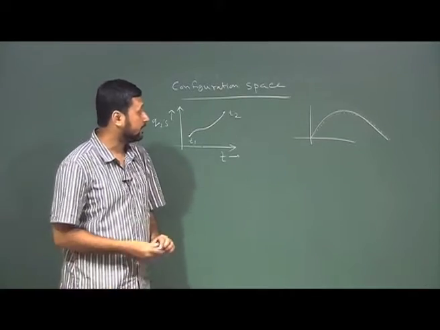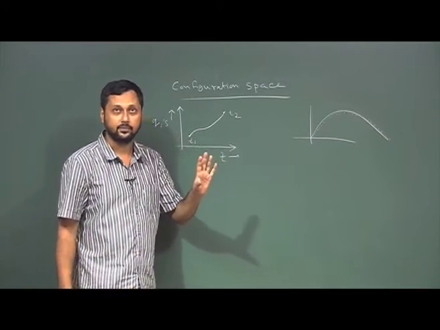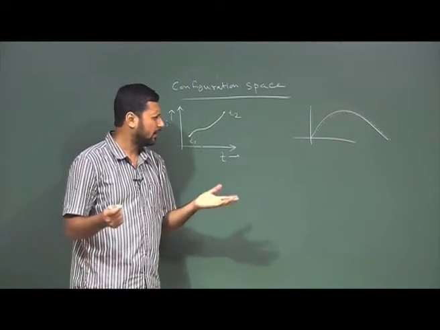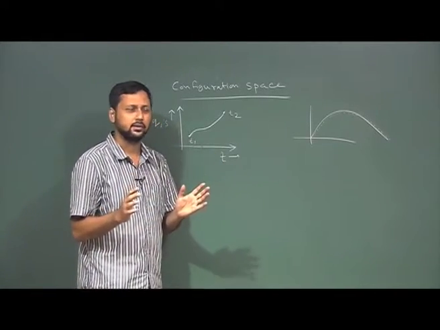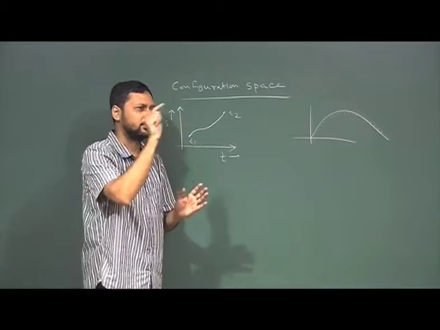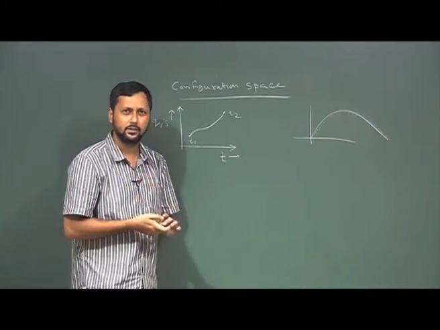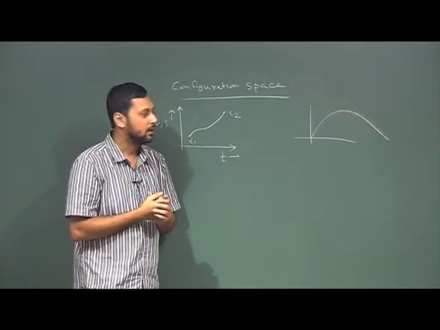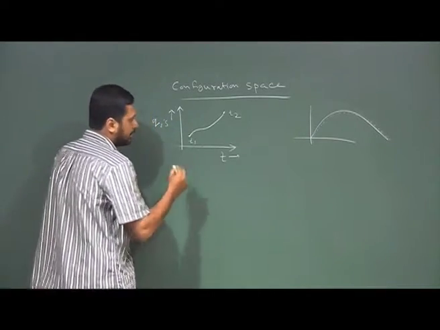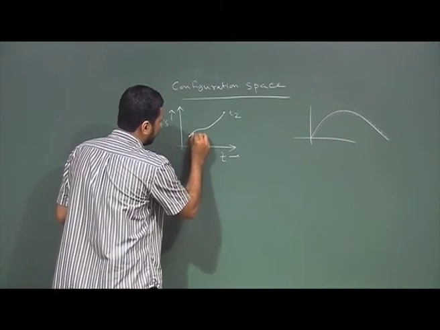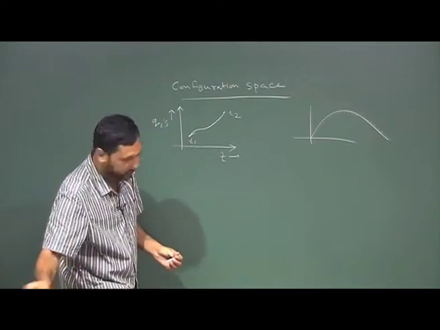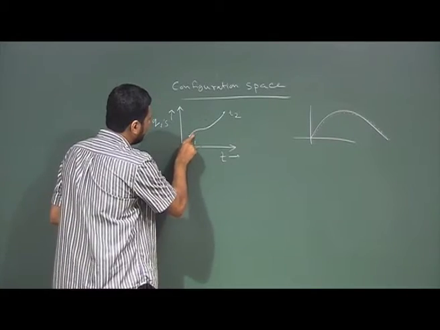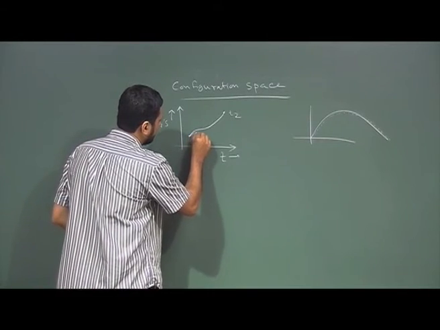Please understand that I have not changed the initial condition. Or you can think of it this way: the starting point and end point are the same, but maybe some initial condition, some velocity, was different. So it will follow this one closely, but not exactly the same.